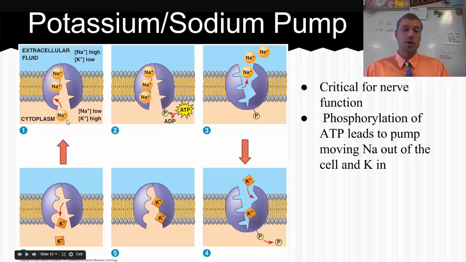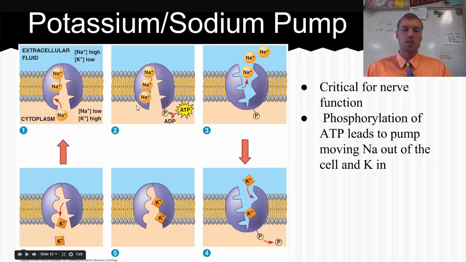So what happens is that we have a protein that fills up with sodium. Then we have an ATP that comes along. This phosphorylation word, that's just where the phosphate group from the ATP breaks off, and it forms a phosphate and an ADP.